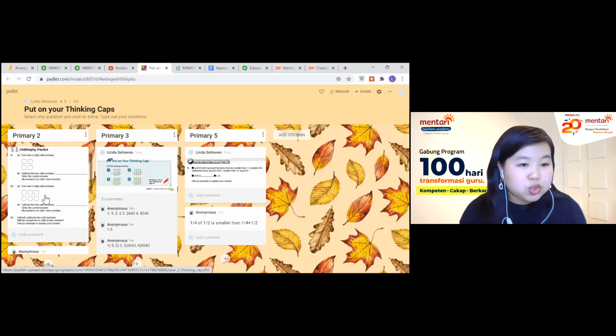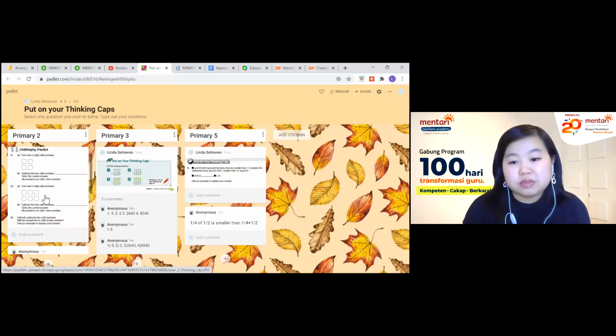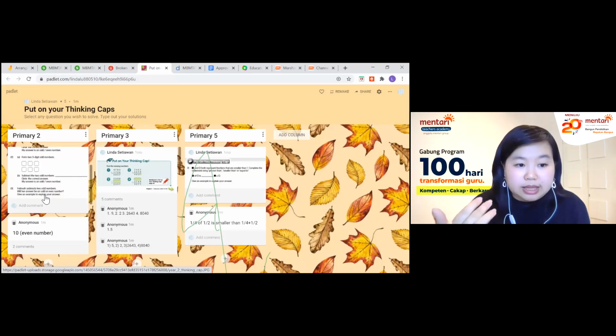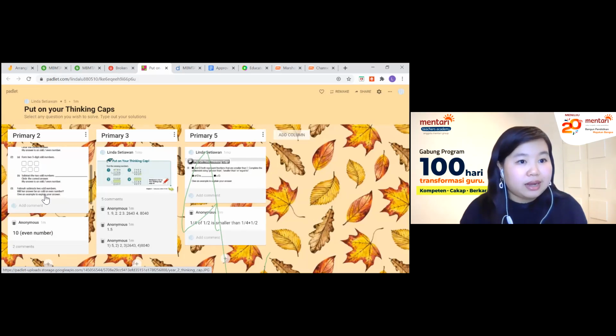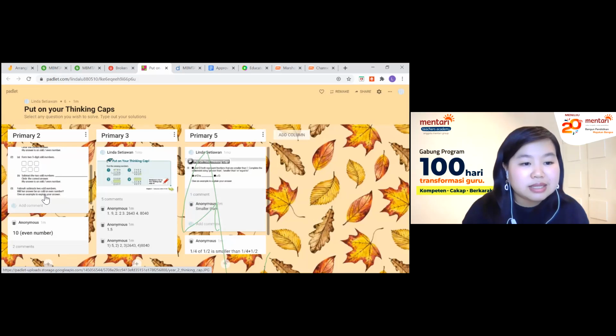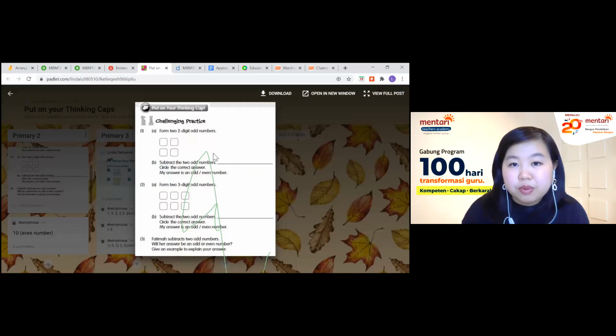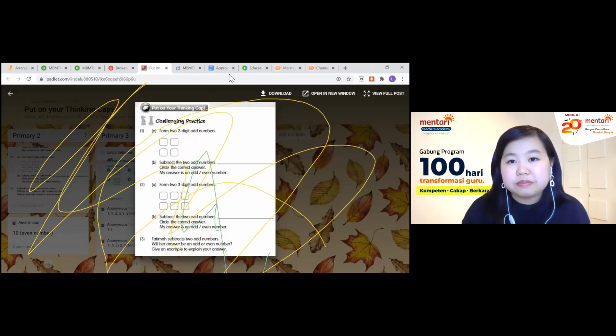I think most students will not find it too difficult to subtract 37 and 47. But once it gets to more and more, can they actually start looking for patterns? So this is a typical problem for primary 2. And pattern identification certainly helps students to leverage their thinking abilities.